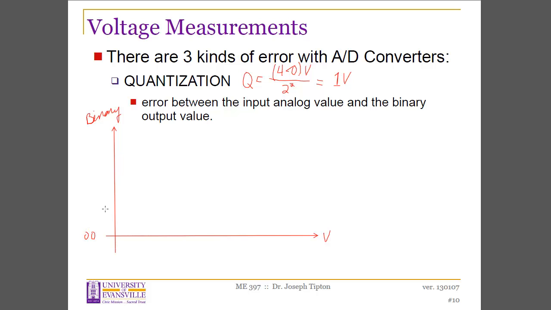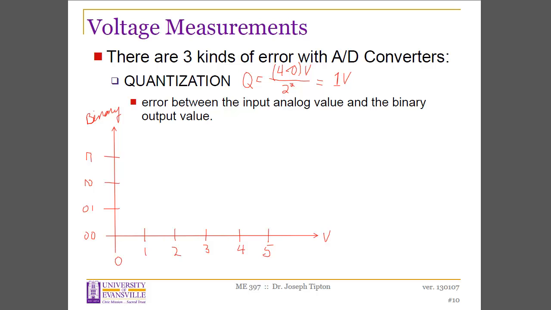I need to draw some good even gradations here. So there's 0, 1, 1, 0, and 1, 1. And then I need to draw that same width here. Maybe I'm getting better at this. So we have 0 volts, 1 volt, 2 volts, 3 volts, 4 volts, and 5 volts.